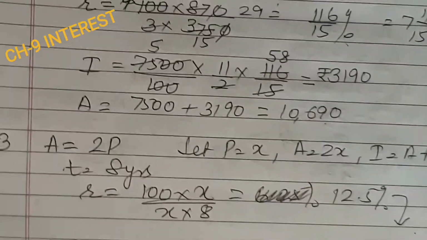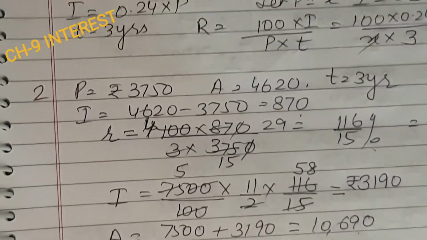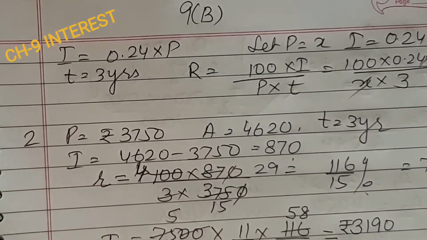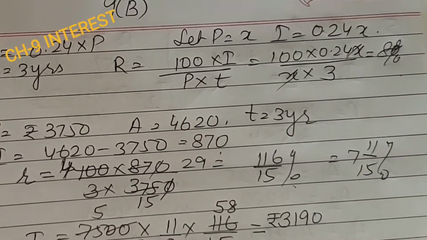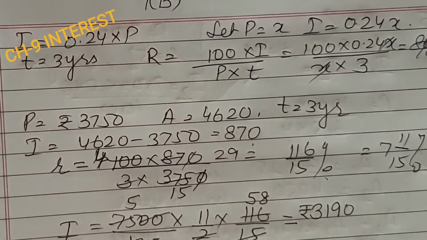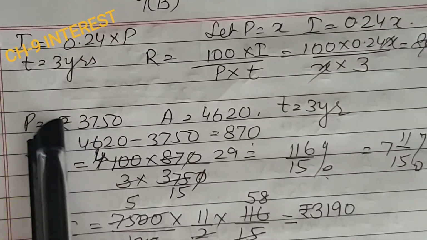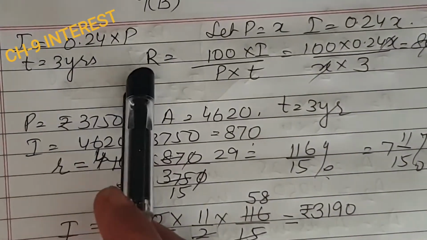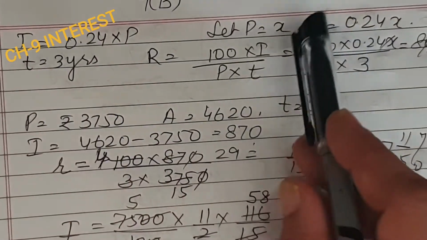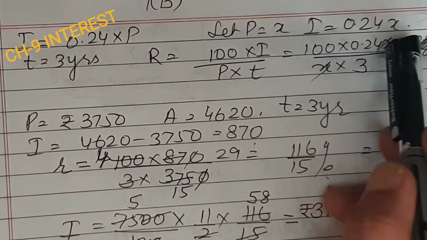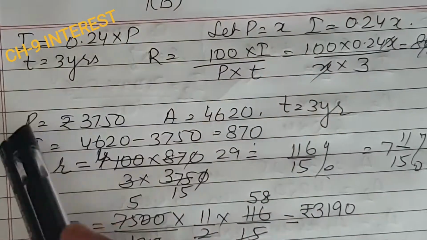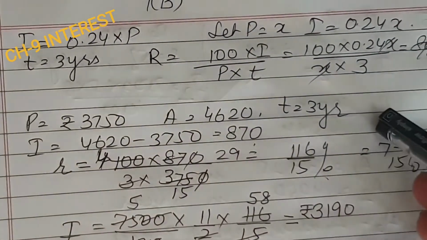Now in B exercise, no new formula is introduced, only that all the questions are done in the same manner. Like in the first question, you are given interest is 0.24 times P. It is the same as the 3/8 and 5/8 questions we have done in the same manner. Interest is 0.24 times X. So we will substitute and solve it for rate.